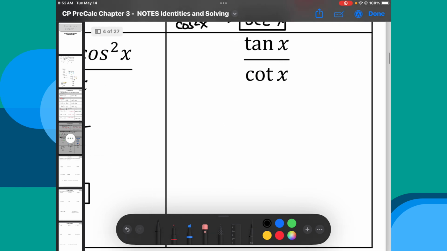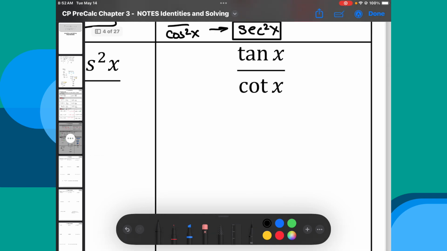And then the last one, we have tan x over cotan. One thing you could do is rewrite these both as sine and cosine, but I am also aware, and so are you, that cotan is equivalent to 1 over tan.